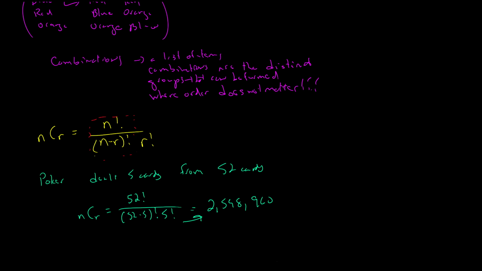Well, let's come over here and look at how our calculator does it. And so let's get over to my calculator, turn it back on. And so I had 52 cards. And I'm going to do combination. I'll type in 52, math, over to probability and down to NCR for my combinations.